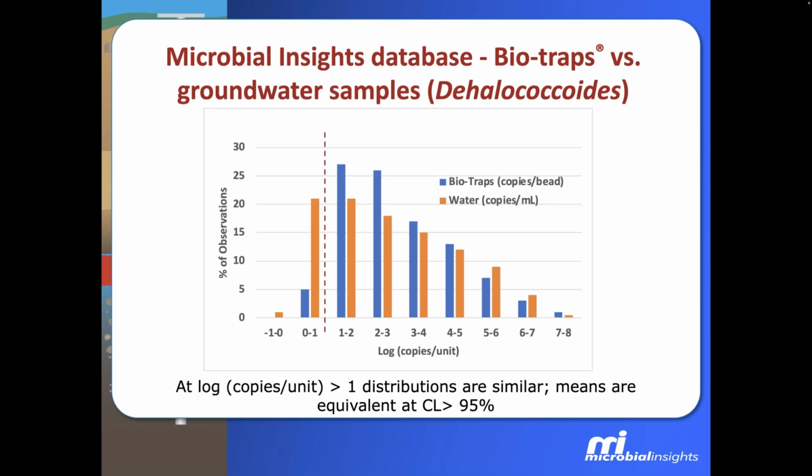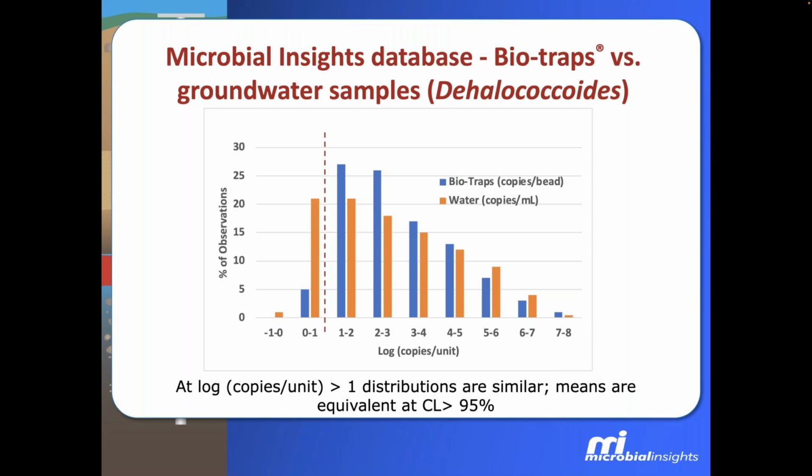So the Dehalococcoides is having no trouble at all getting on the inside of the bead. Now, if we also dig deeper into the Microbial Insights database and look at biotraps versus groundwater samples, that's another question I've gotten in the past. How does a biotrap sample compare to a water sample? Here I'm looking at the Dehalococcoides, and at a larger subset of the Microbial Insights database, which contains tens of thousands of sets of data.